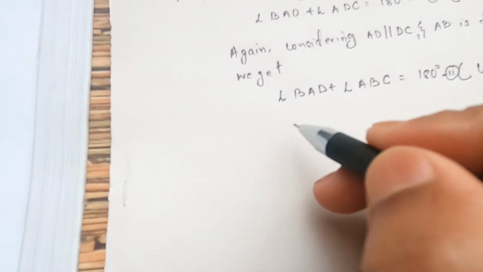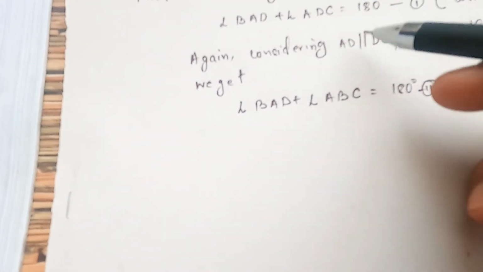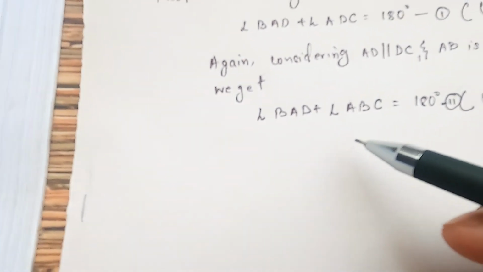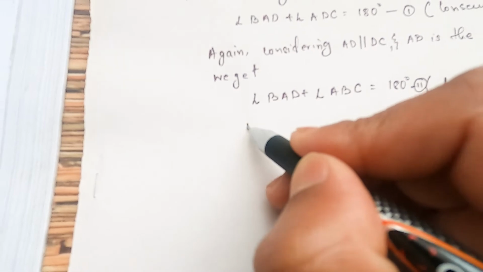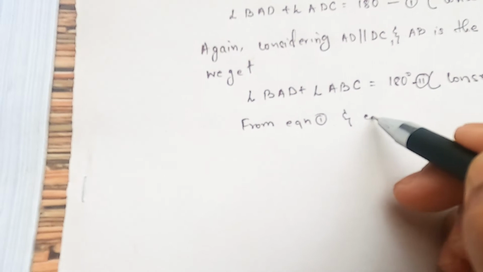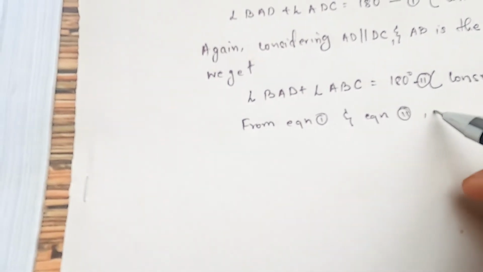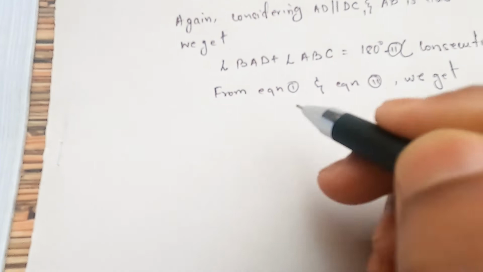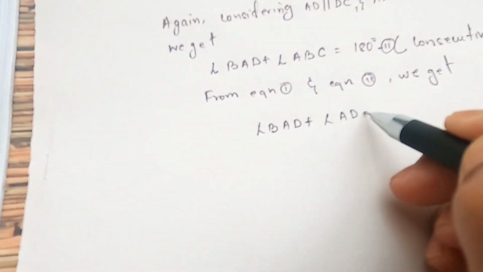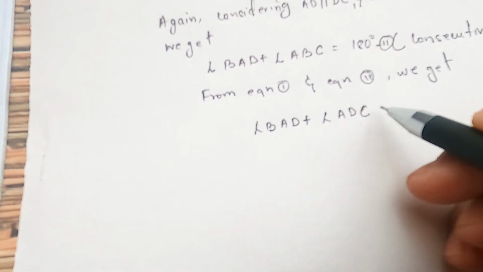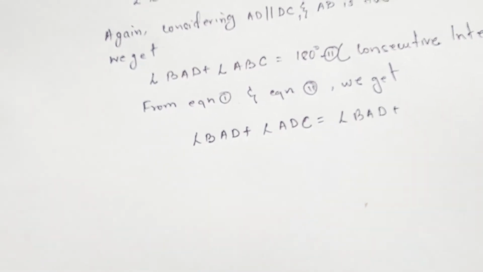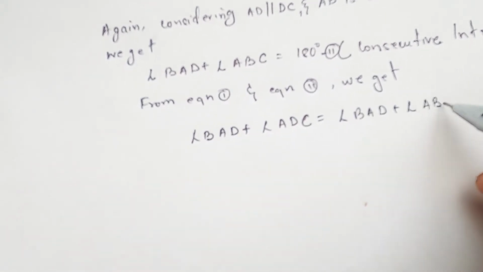All right, so next what we'll do is compare the two equations. When we compare the two equations, you write: from equation 1 and equation 2, we get angle BAD plus angle ADC is equal to angle BAD plus angle ABC.